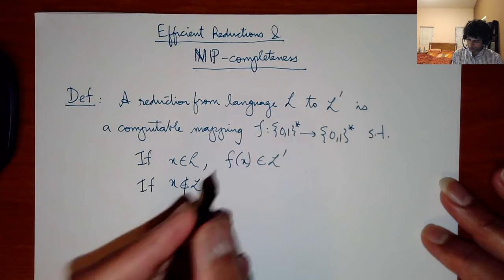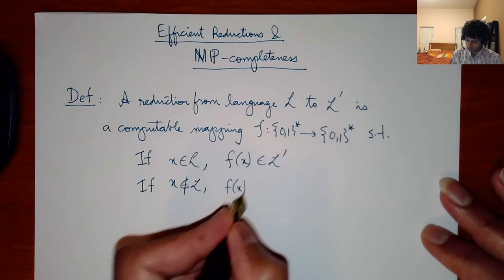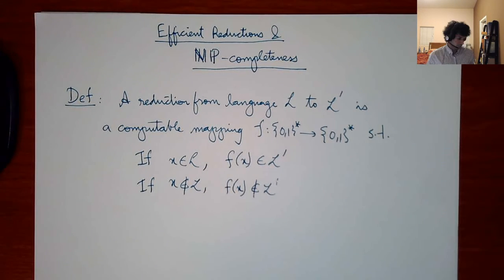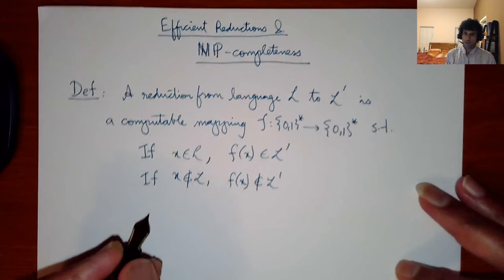So if x is not in L, then f of x is not in L prime. This is the typical definition of a mapping reduction.